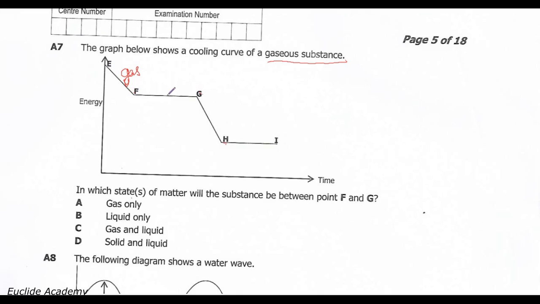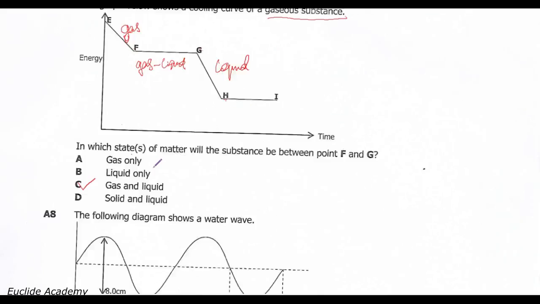Then in the state of transition or changing, G and H will be a liquid state. In the changing state here, there will be a combination of gas and liquid. So in which states of matter will the substance be between point F and G? F and G will be gas and liquid, which is C. So that is also known as the condensation point, F and G.